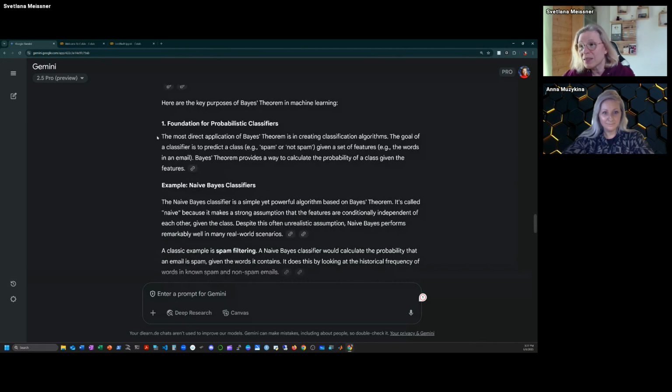Foundation of probabilistic classifiers. The most direct application of Bayes is in creating classification algorithms. The goal of a classifier is to predict a class, and these classification algorithms calculate the probability of a class given the features. We also see supervised and unsupervised learning.